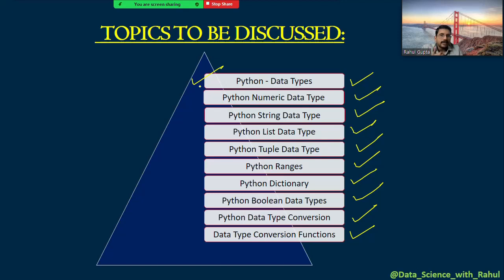Python numerical data types done. String data types done. Python list done. Tuple done. Ranges done. Dictionary done. Boolean data types done. Data type conversion done. Data type conversion functions done. So I hope we have discussed these 10 concepts in this video.